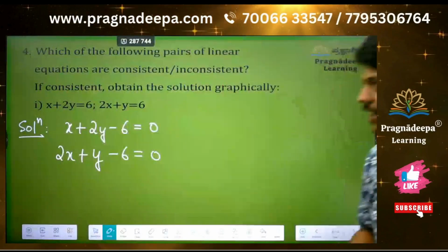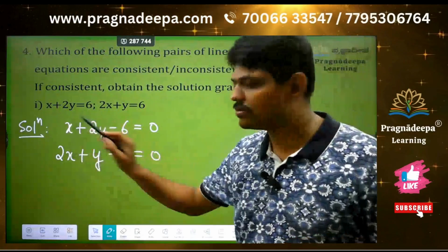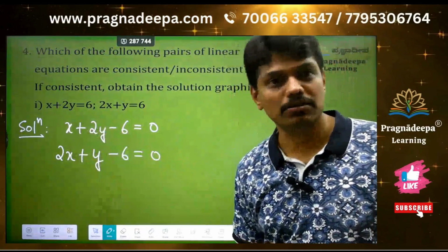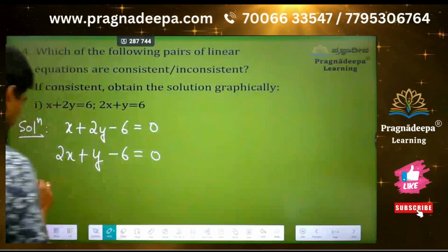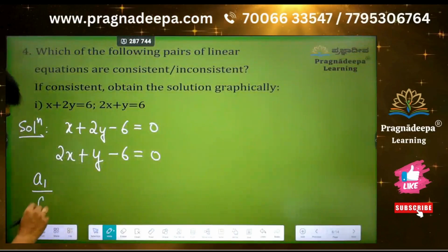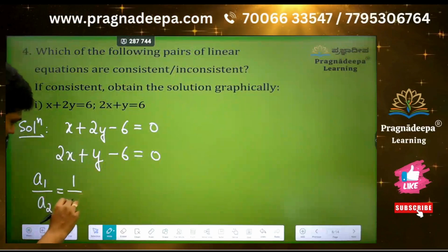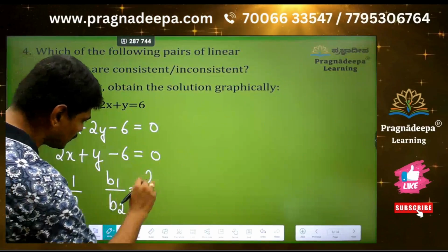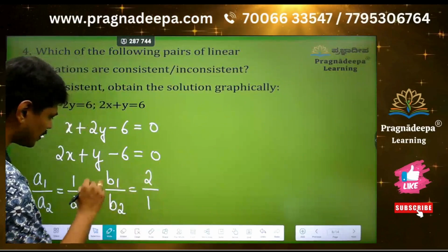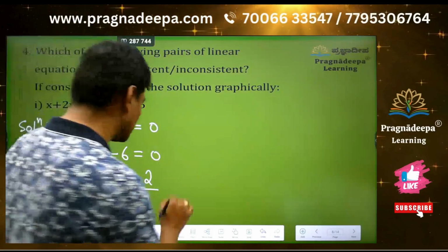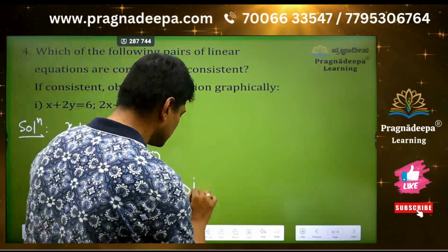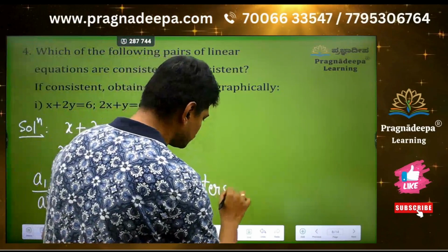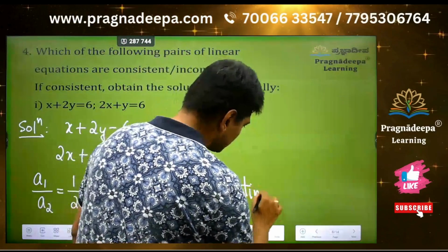How to do that? Now see here. What is A1 by A2? It is 1 by 2. What is B1 by B2? It's 2 by 1. They are not equal, correct, students? If they are not equal, what type of lines are they? They represent intersecting lines.